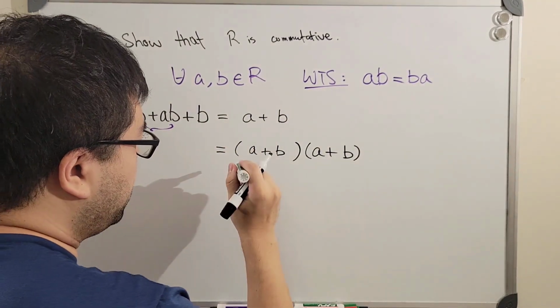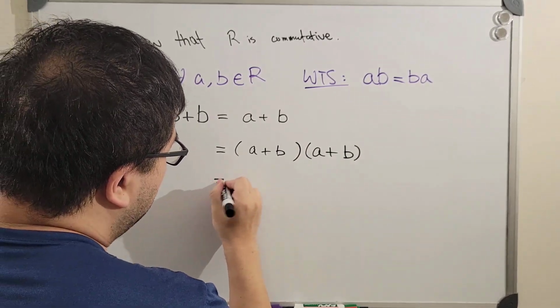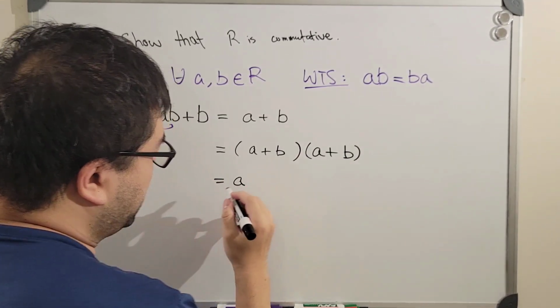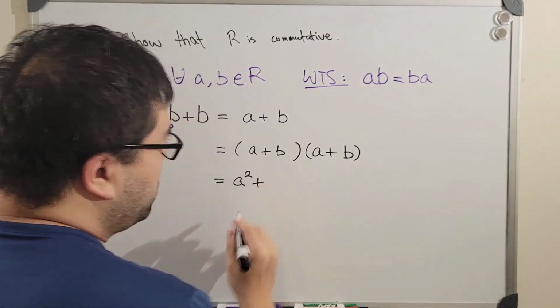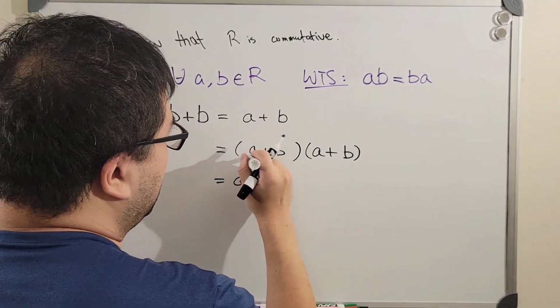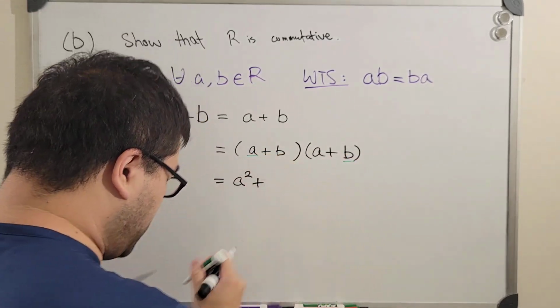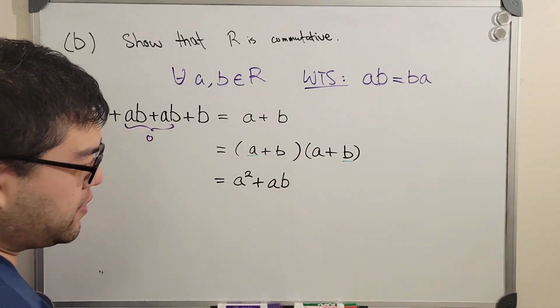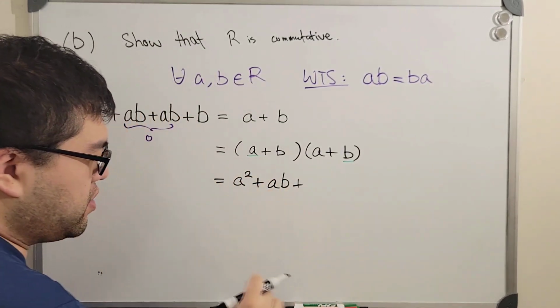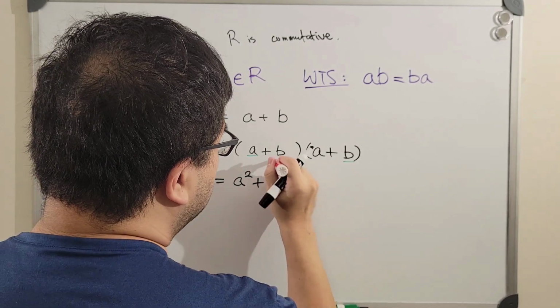So we have the first term, A times A, which in this ring gives A squared. And then for the outer part, we have A times B, or AB. Next, we have the inner part, B times A.